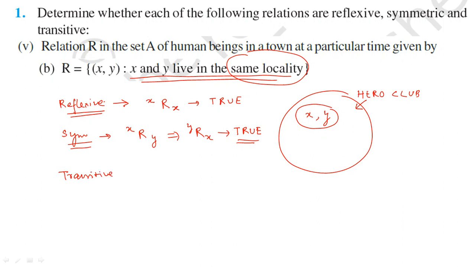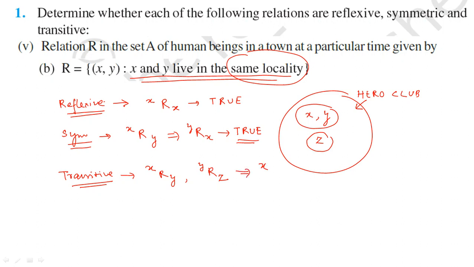What about transitive nature? If I am talking about transitive nature, I have to take a third point, Z. Suppose Z also lives inside the same locality. Now, X in relation to Y, this one is okay, and Y in relation to Z because Y and Z both live in the same locality. And what about the third category?